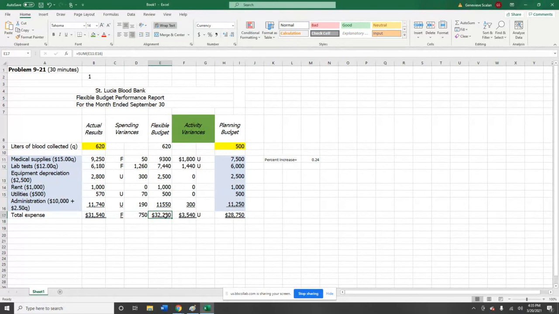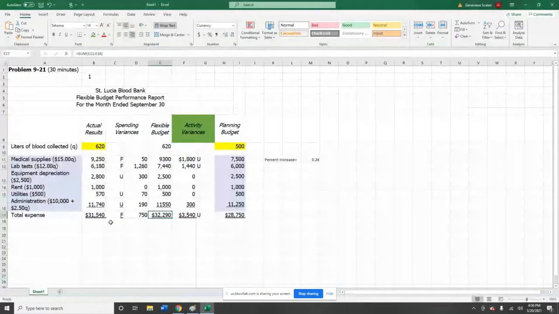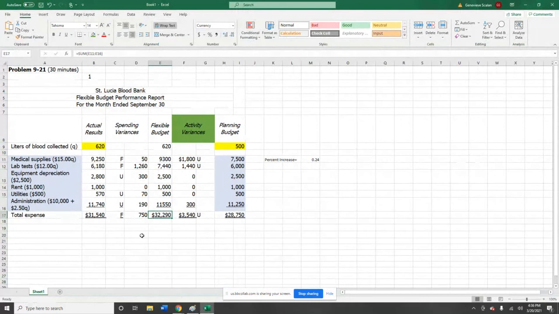So actually, when the guy was looking at this and said, hey, we got a 12,790 unfavorable variance, that's bad. No, really, and remember, this is all expenses, this didn't even involve revenue, he had a 750 favorable spending variance.